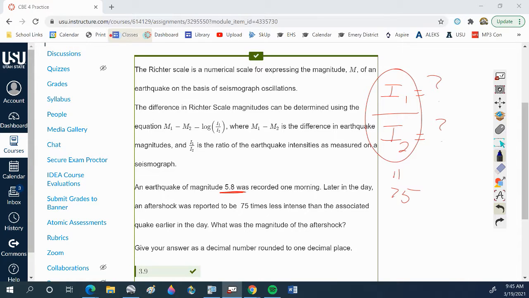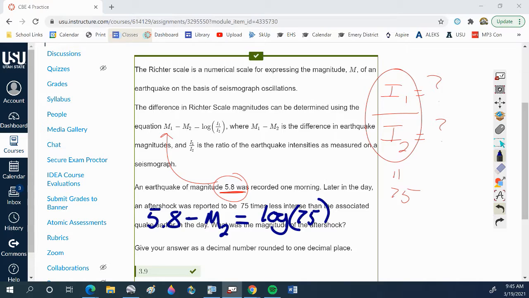Okay. Now, why is this in a logarithm chapter? I don't really know, because, well, I guess log shows up, but watch this. I know that this earthquake had a magnitude of 5.8, minus the magnitude of earthquake number 2, and that is the log of 75.